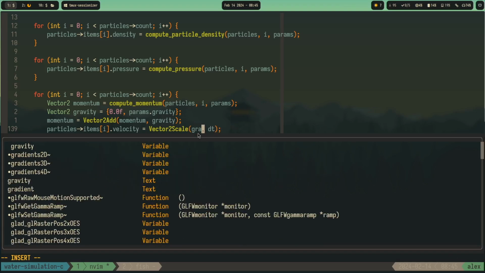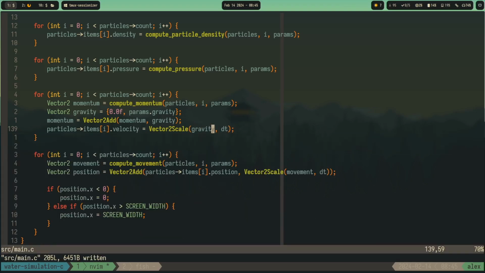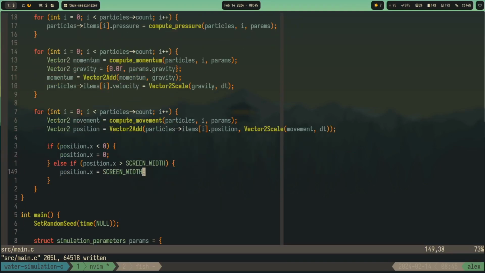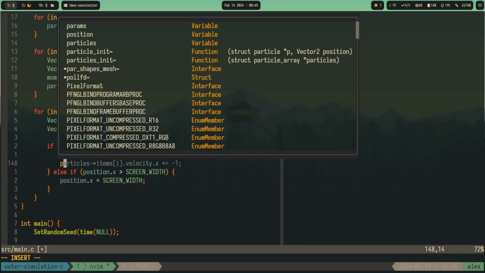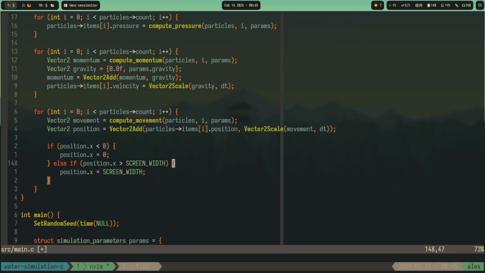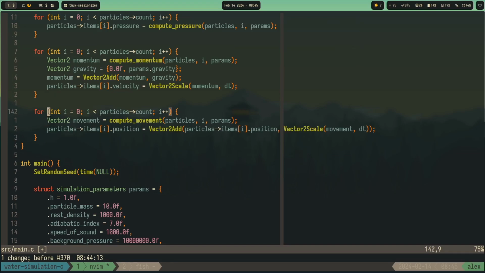What if we say here just gravity and take a look at what happens? Well, we need to make that okay. Let's go back, and here let's put just gravity.